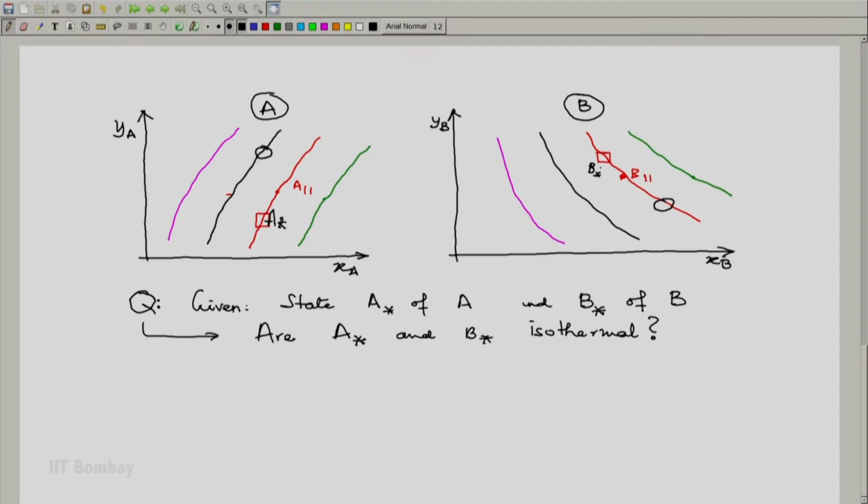However, if the two systems, one of A and one of B, do not lie on corresponding isotherms, for example here we have one candidate state of system A which is on the black isotherm, but the other system which we are checking is on the red isotherm of B, then they are not on the corresponding isotherms, and hence the two are not isothermal.